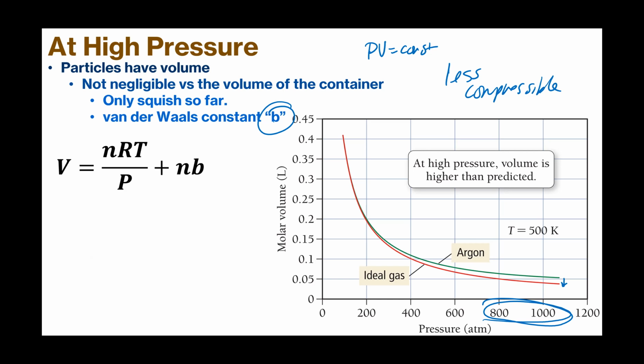So the volume of our real gas is nRT over P plus n times B. n is the same number of moles. B is a constant and B is known, so we don't have to stress about it.